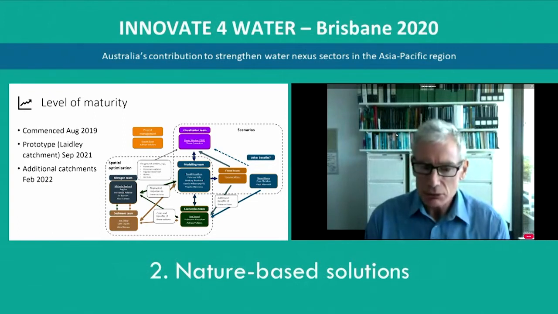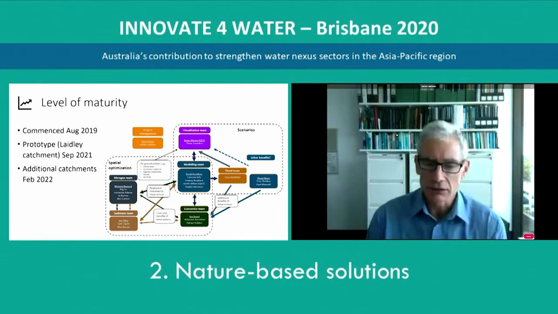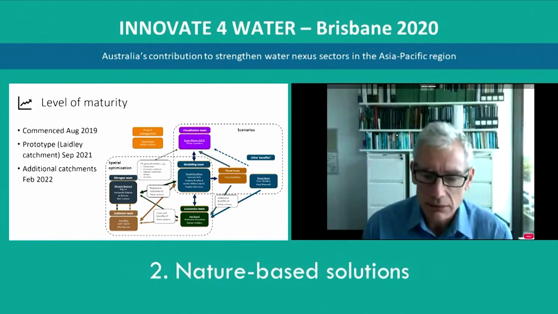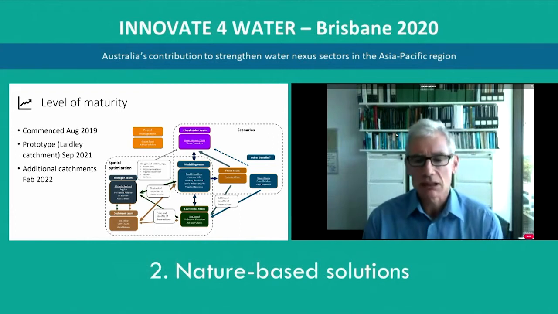So this tool involves two main components. One of them is the engine room of the model that looks at the spatial optimization. How can you best target and invest in areas that are critically in need of restoration? The second part is generating scenarios, and these are potentially multiple stakeholder scenarios.